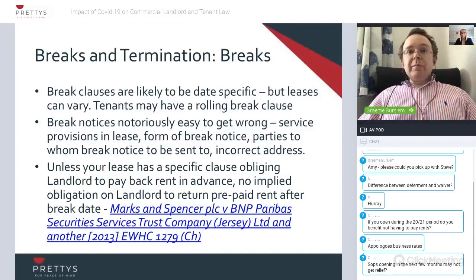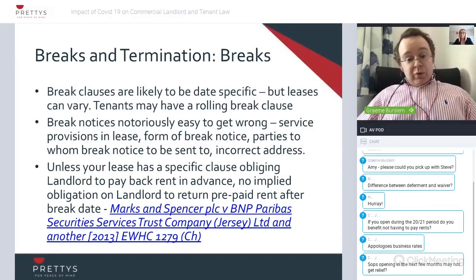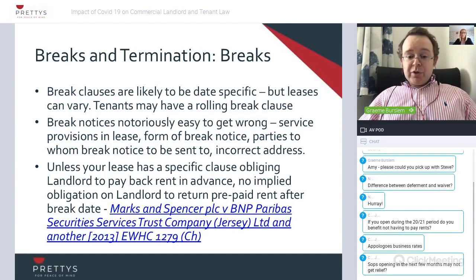If you've got a break date that's effective on, say, the 1st of July, but you've got a rent payment date on the 30th of June, you've still got to make your full rent payment on the 30th of June, if that's what the lease says, and there's no automatic presumption the landlord has to give it back to you in respect of the period after the break date.